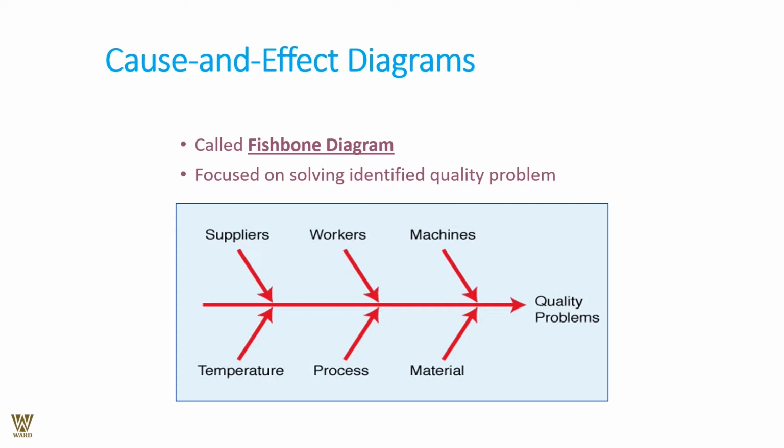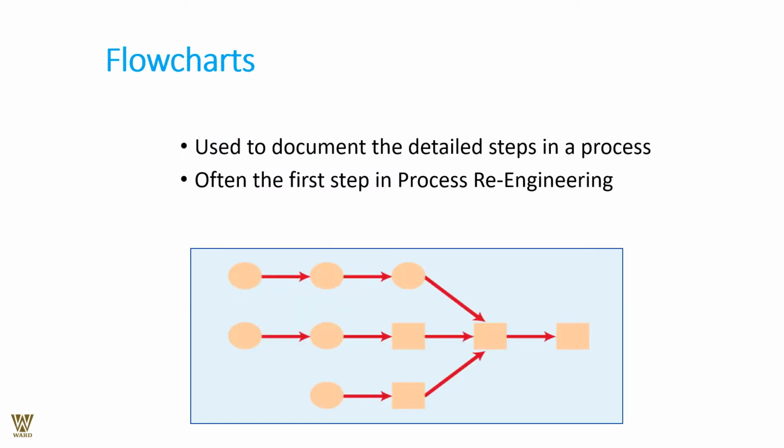So this results in cause and effect. If you can streamline everything and put it in order, the supplier, the workers, the machine, the temperature, the process, or the material per se, you will see you have eliminated the quality issues altogether.